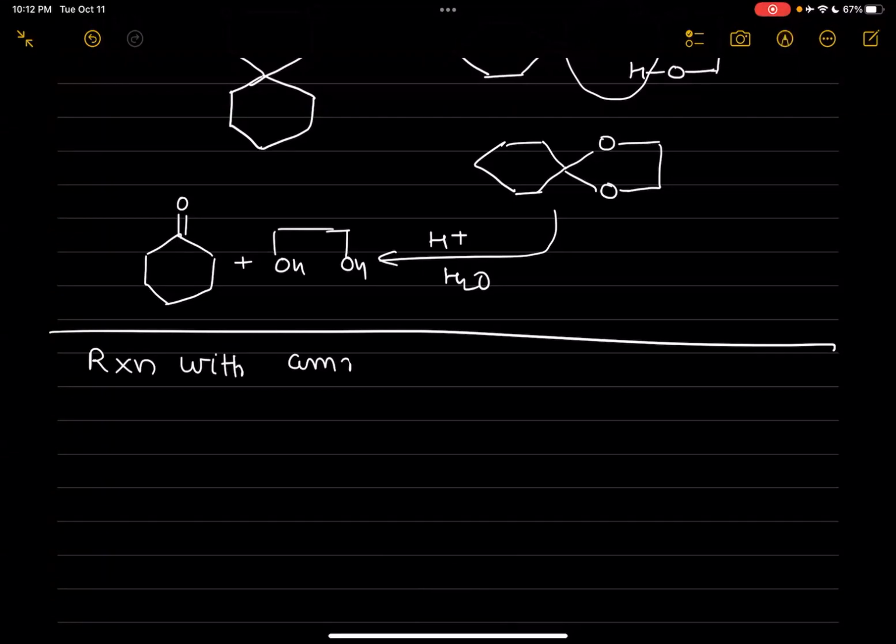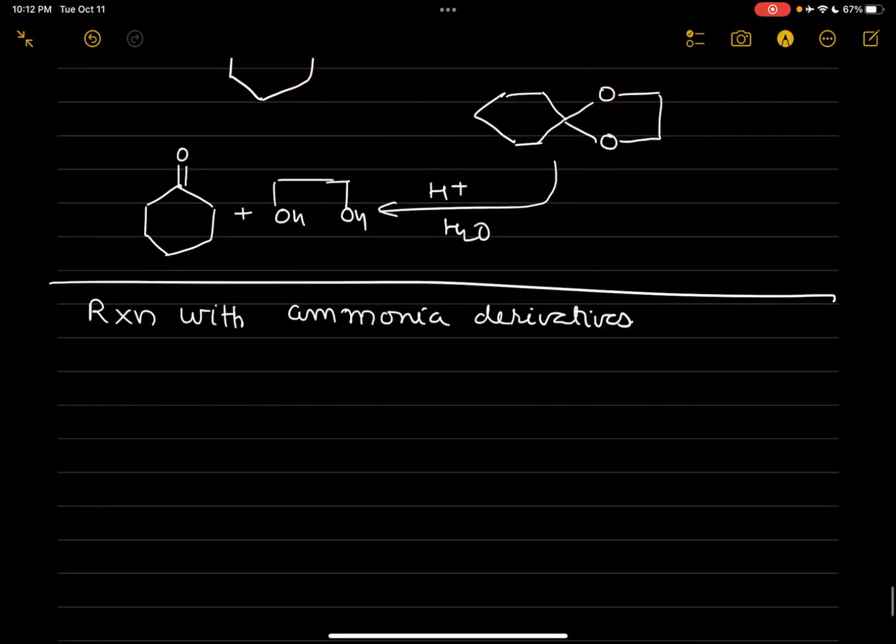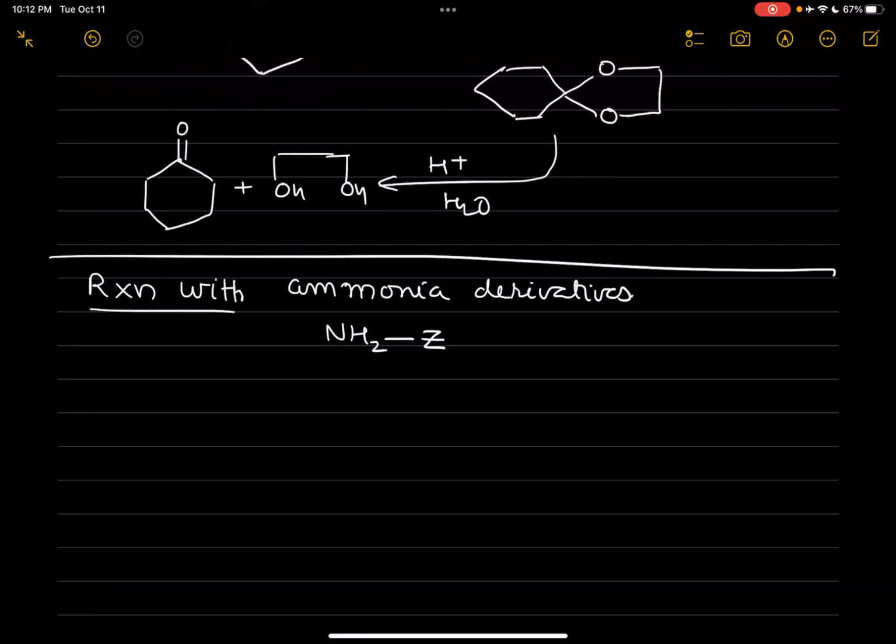No, actually I'm talking about those which you react with aldehyde and ketone. Reaction of ammonia derivatives. So reaction with NH2Z. Okay, just ammonia is NH3. I remove one hydrogen and add Z. So what this Z can be, what could be the name of this ammonia derivative, and what is going to be the name of the final product?